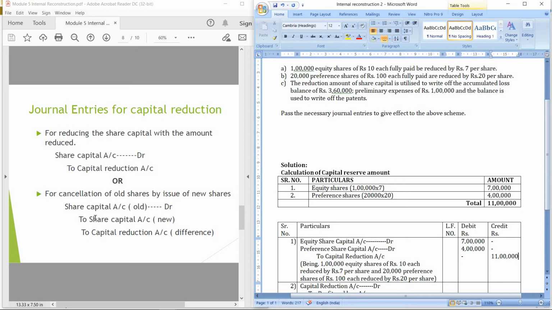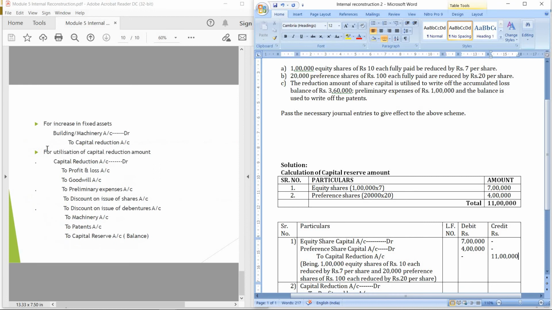These entries will not come here. This is the entry we have to pass for utilization of capital reduction amount. The entry is like this: capital reduction account debit to profit and loss account, to goodwill account, to preliminary expenses account, to discount on issue of shares account, to discount on issue of debentures account, to machinery account, to patents account, and to capital reserve account.